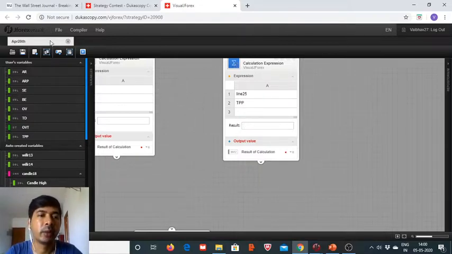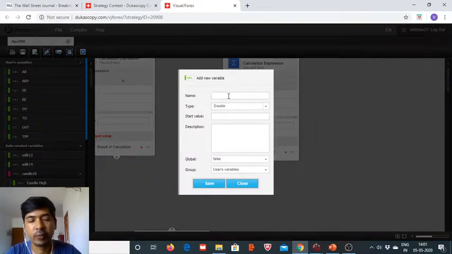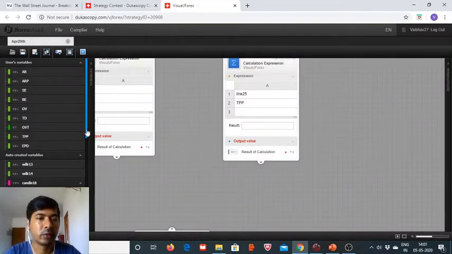We also need to multiply it by 10,000 to eliminate 4 decimal points. The execution pips difference will be of 4 decimal points. Okay, so we got this.